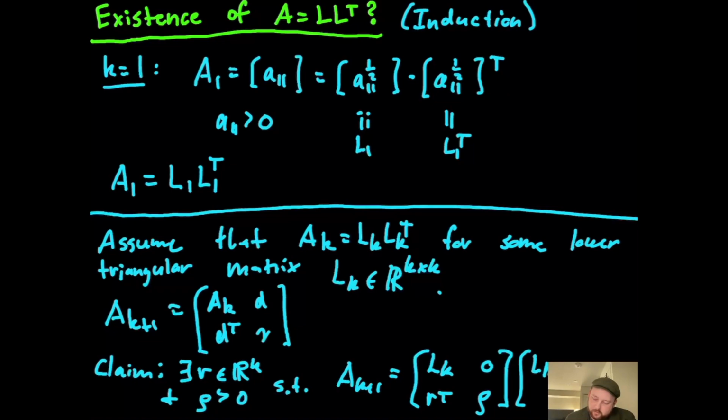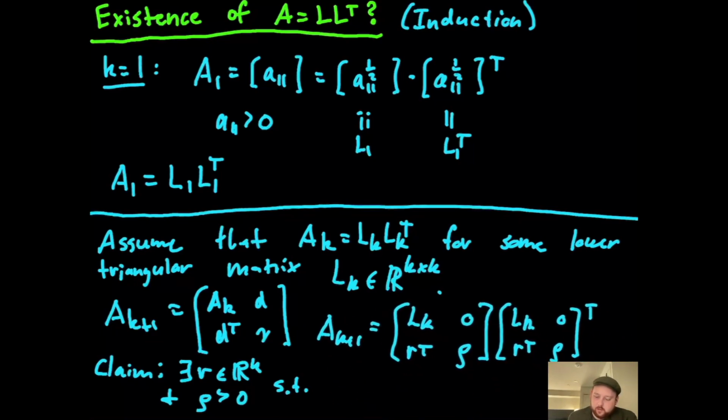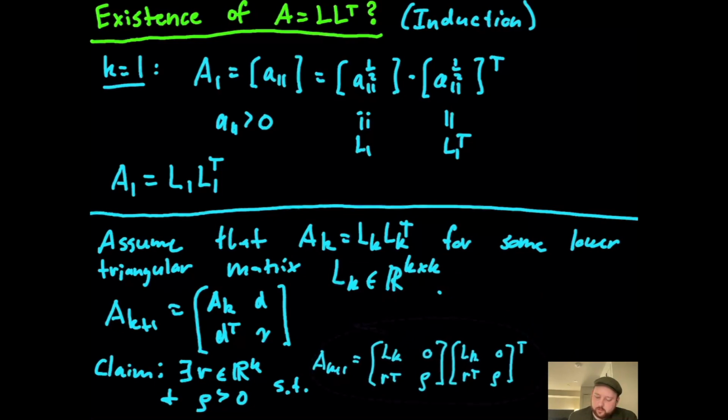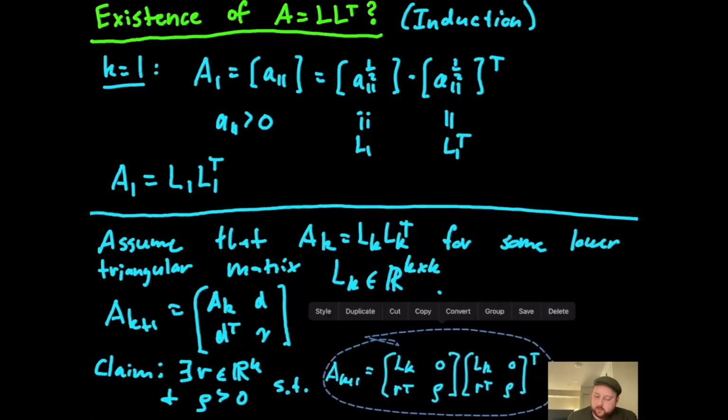So LK, R transpose, rho, 0 transpose. By the way, I noticed that you can't see that, so let me move it up for you right here. So this is my claim.